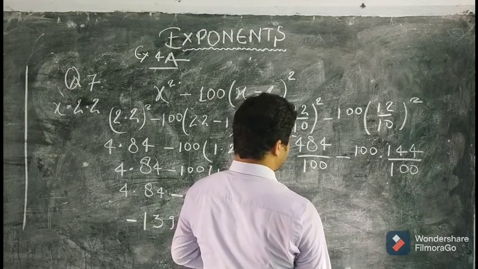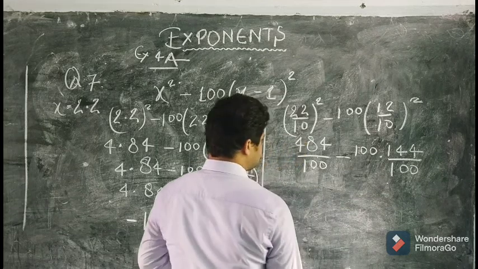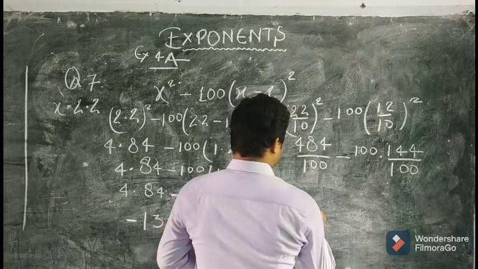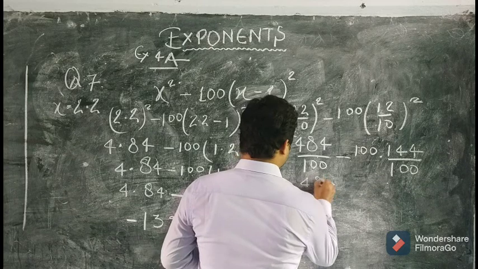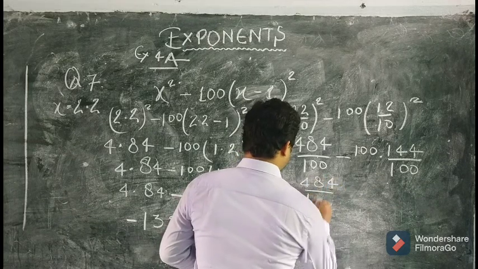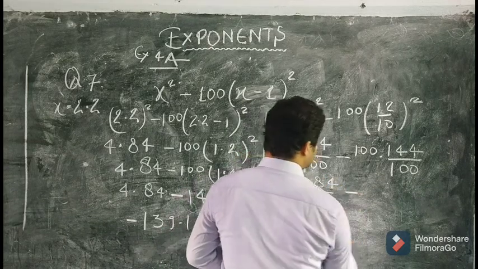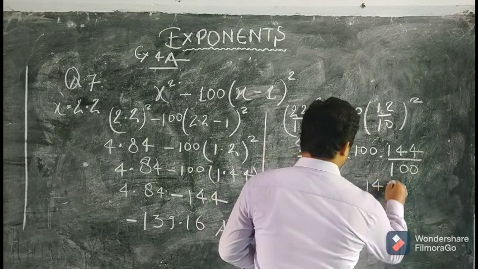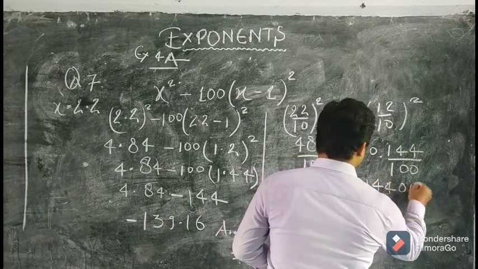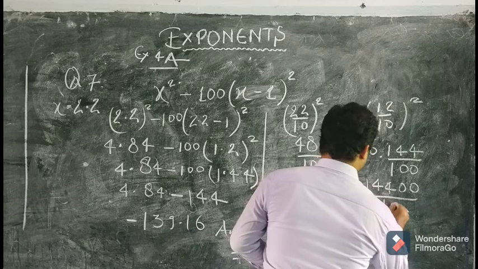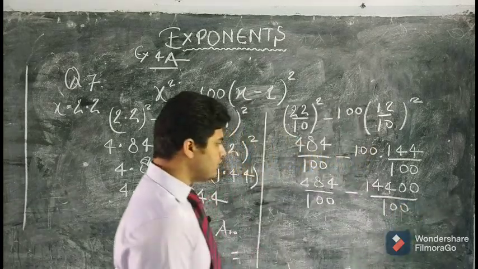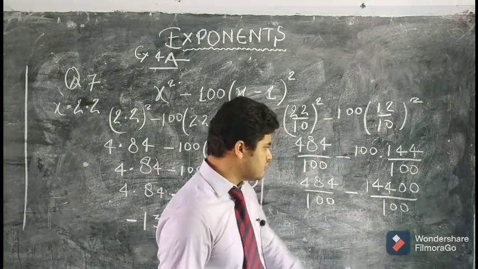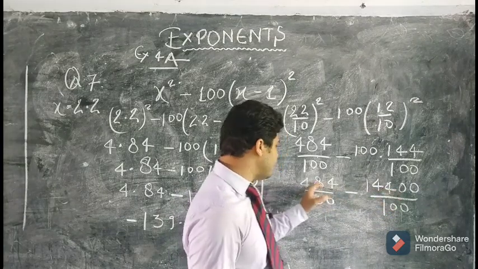Or what we can do here is write it as 484 upon 100 minus 144 multiplied by 100, two zeros added. Now the denominator becomes the same, so subtract 484 from 14,400.